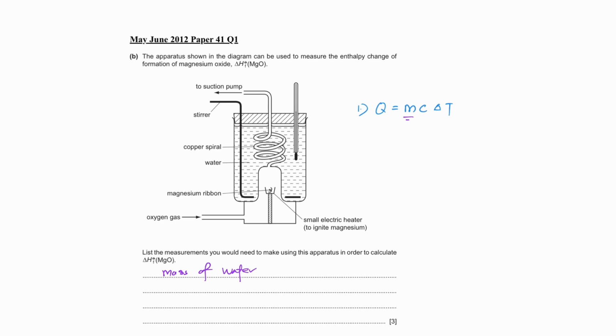Next, c is the specific heat capacity of water, which we can get from the data booklet first page, which is 4.18. And next, delta T is the temperature change.